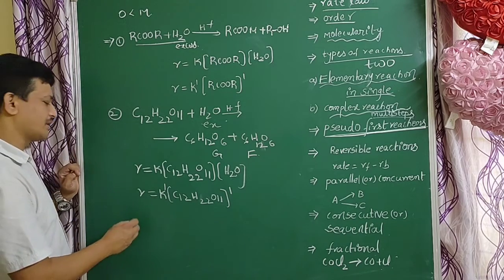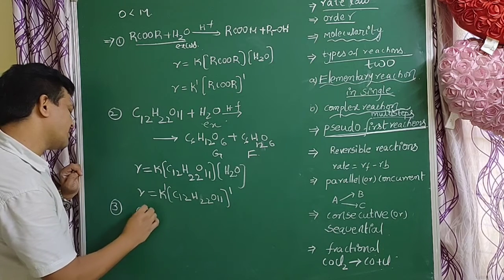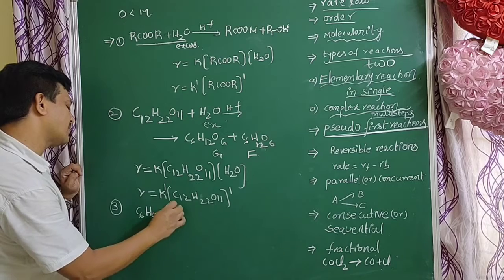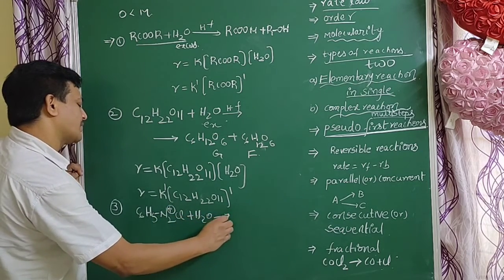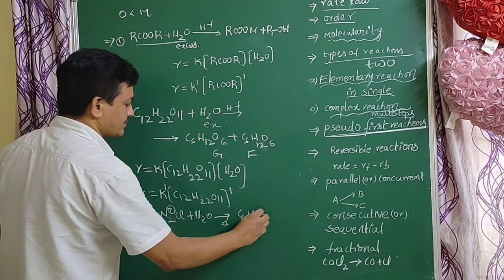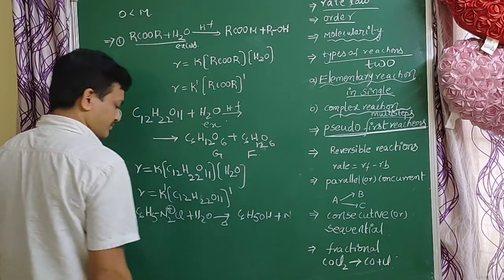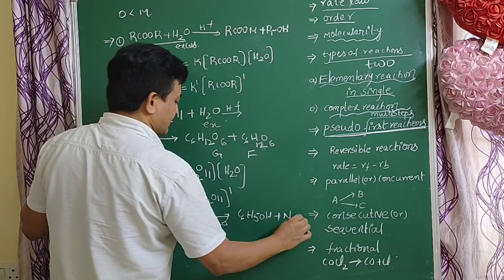Next, benzene diazonium chloride, C6H5N2+Cl-, reacts with hot water to form phenol plus N2 plus HCl.